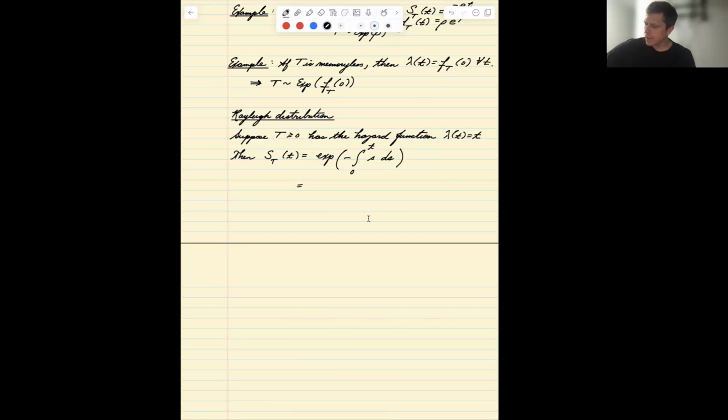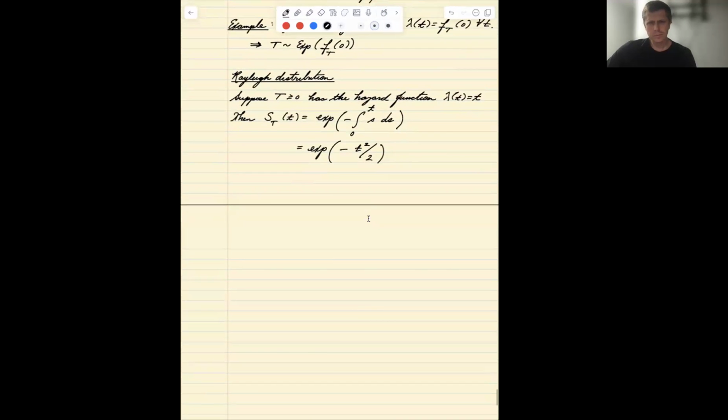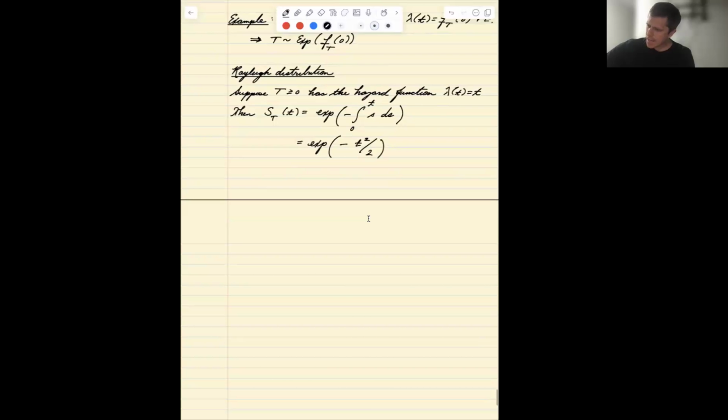That integral is going to be e to the minus t squared over 2. And the density of T is the hazard function times the survival function. So it's t e to the minus t squared over 2.